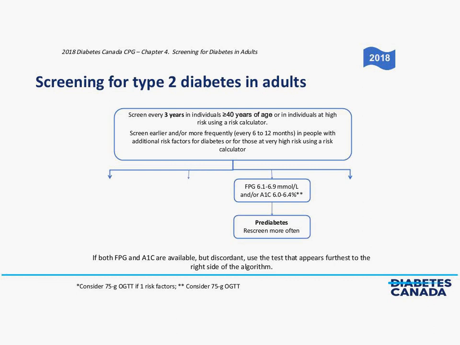So, beginning with fasting plasma glucose and/or hemoglobin A1C. If you have pre-diabetes, then the screening happens more frequently, rather than every 3 years, and really not much different than before.